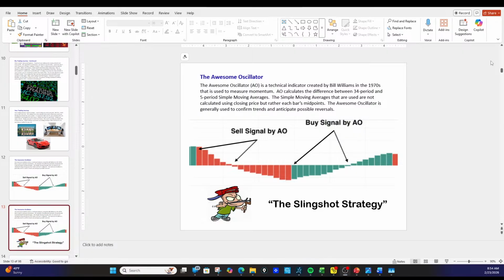AO calculates the difference between 34-period and 5-period simple moving averages. The simple moving averages that are used are not calculated using closing price, but rather each bar's midpoints. The awesome oscillator is generally used to confirm trends and anticipate possible reversals.